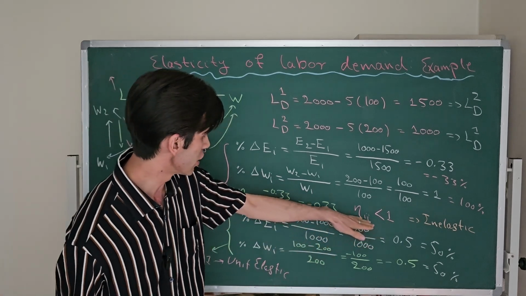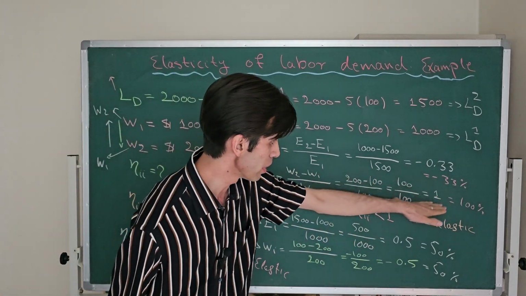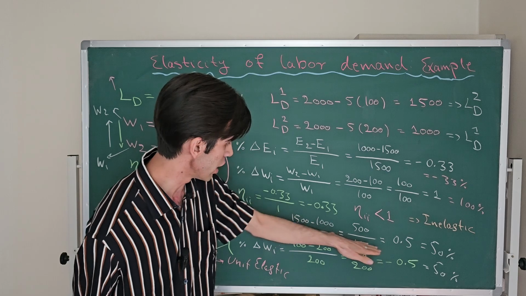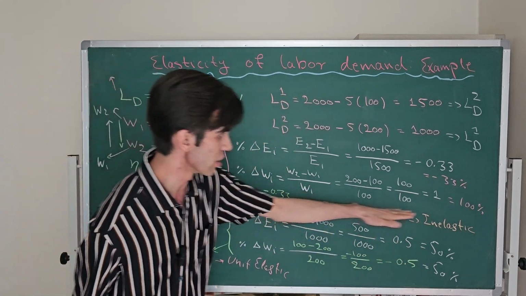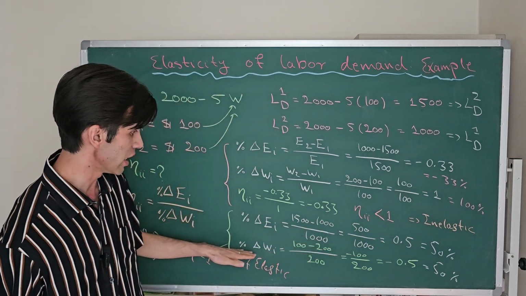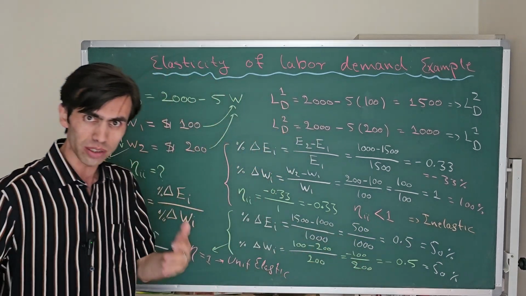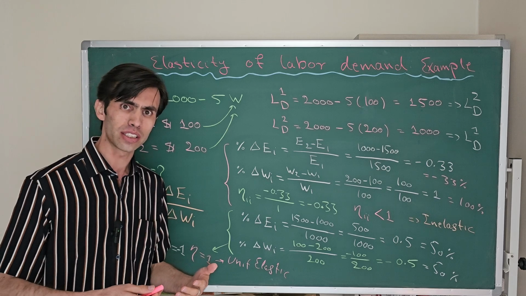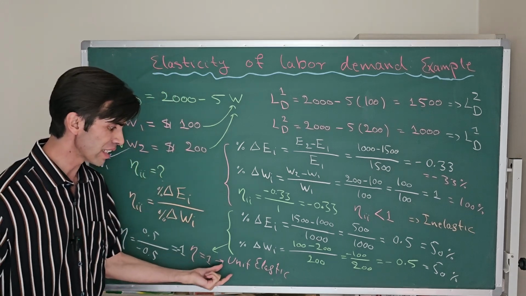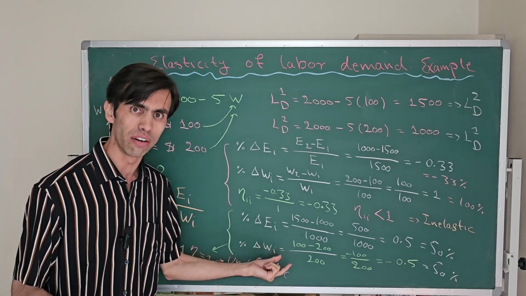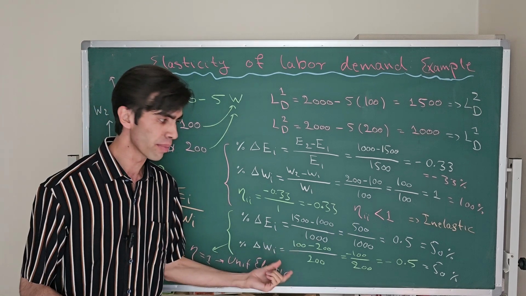The percentage change in employment here is 33%, but here it is 50%. The percentage change in wage rate here is 100%. The percentage change here is 50%. Due to the change in percentage change, we will have different elasticity of labor demand.